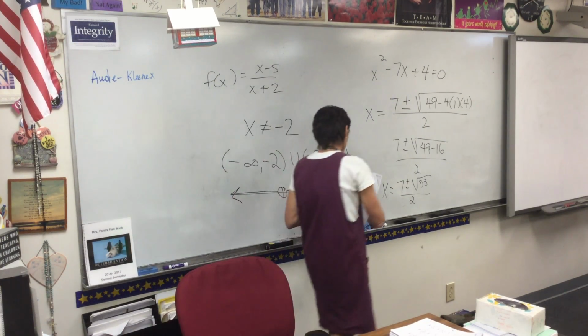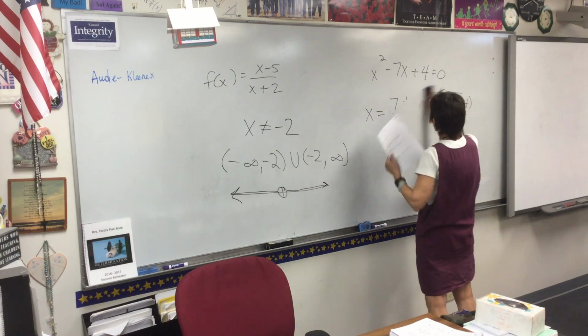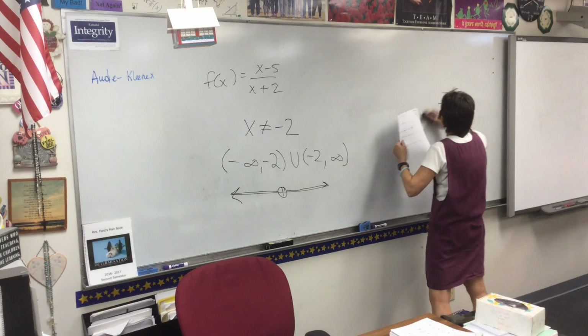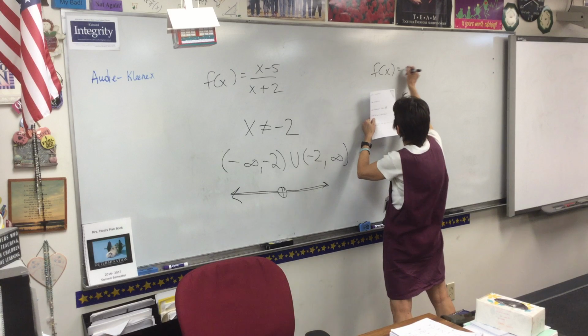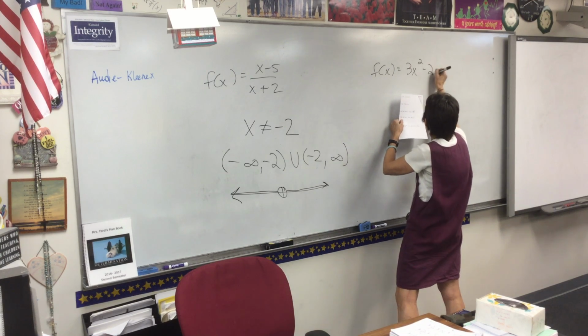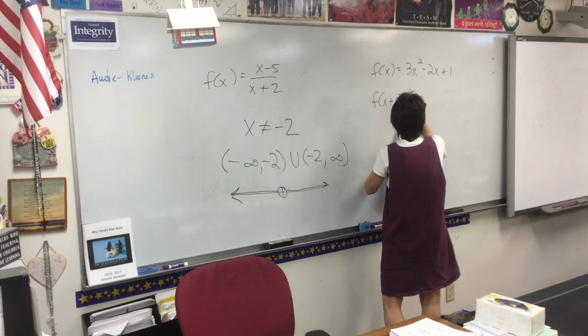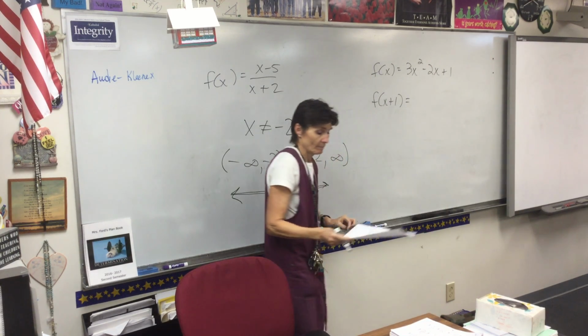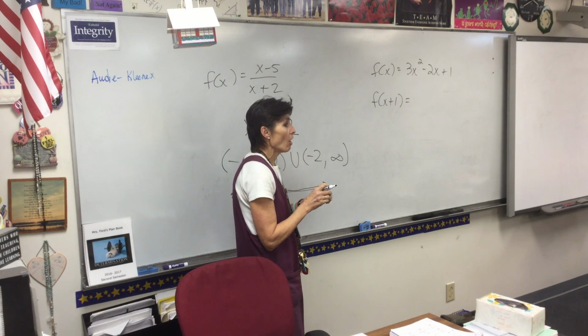All right, number 9. I totally was about to laser it out. Number 9 says f of x is this, and I need to find f of x plus 1. Now we're not going to make this hard.